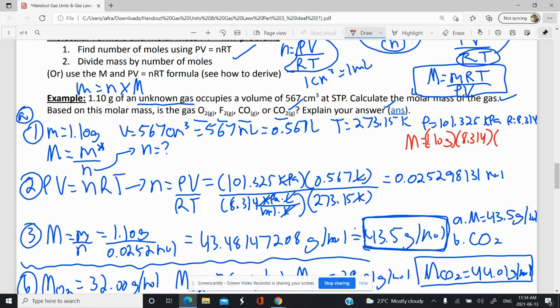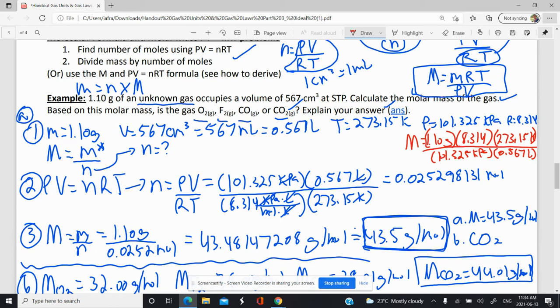Times the temperature, which was 273.15 Kelvin, over the pressure, which was 101.325 kPa, and then times the volume. The volume was 0.567 liters.